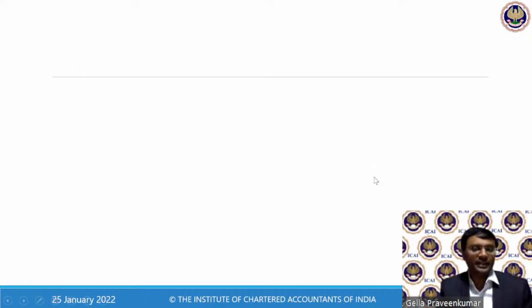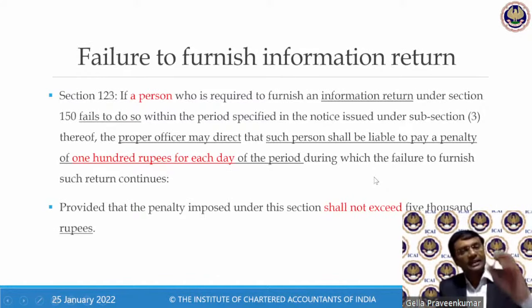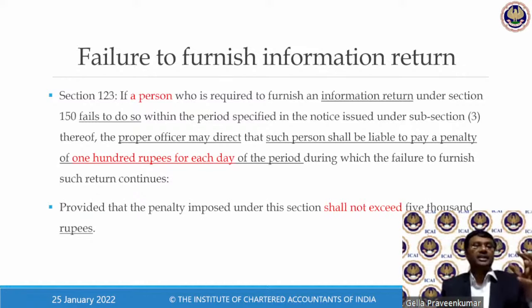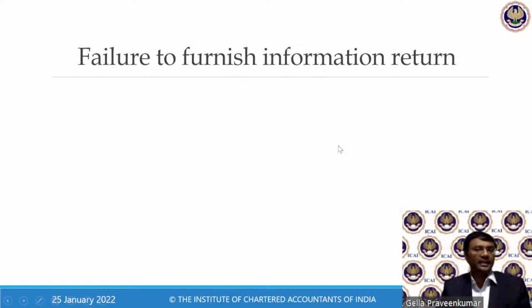Maximum of rupees 5,000. So in case the proper officer has called for the information and that person failed, for every day there is a default: 100 rupees under CGST, 100 rupees a day SGST, 200 rupees per day. Maximum of 5,000 CGST, 5,000 SGST, 10,000 is the maximum penalty which you can expect.